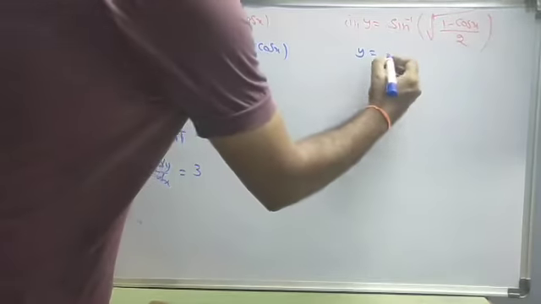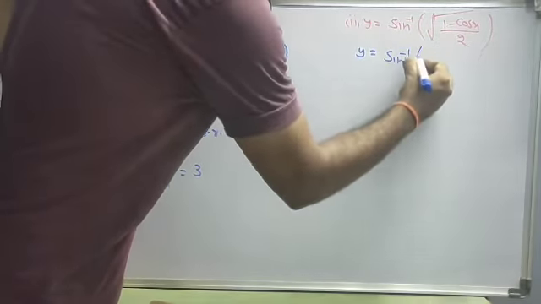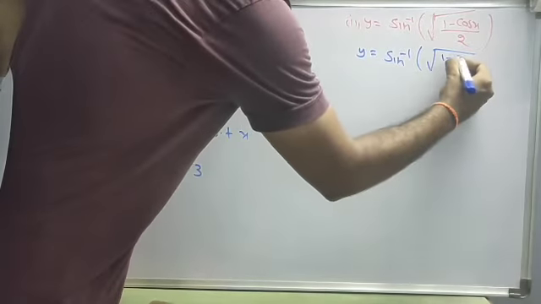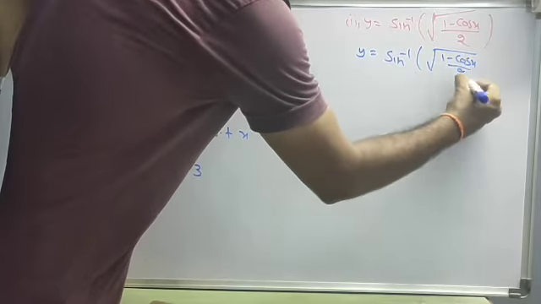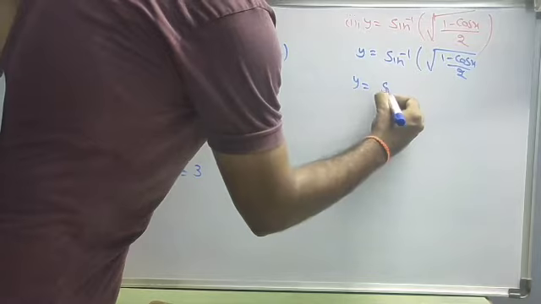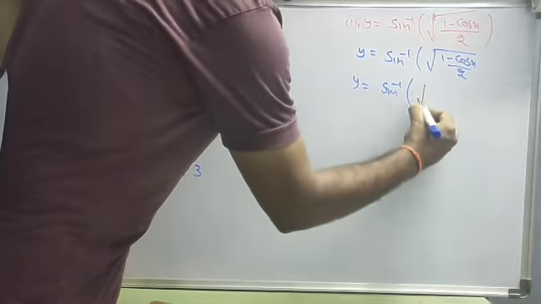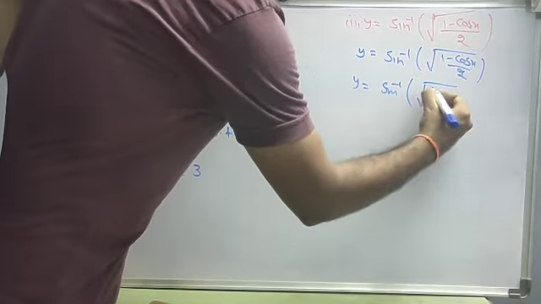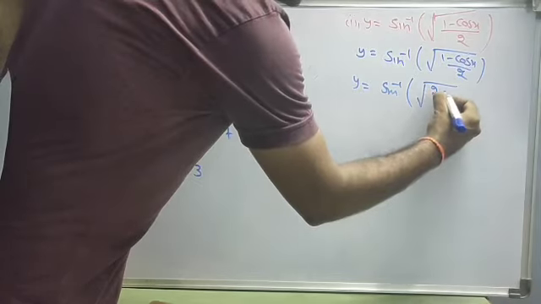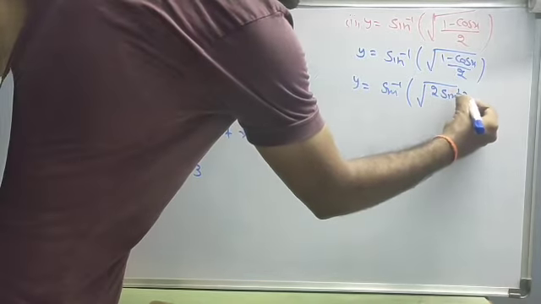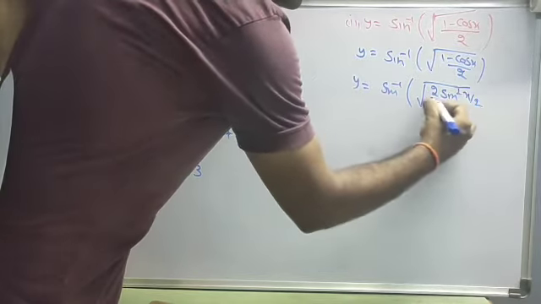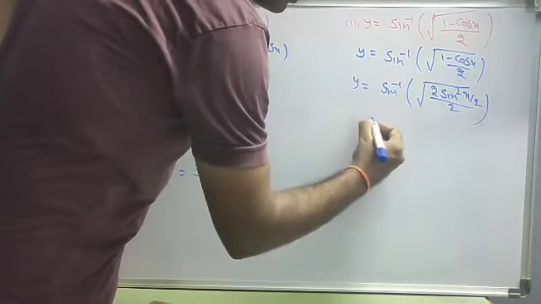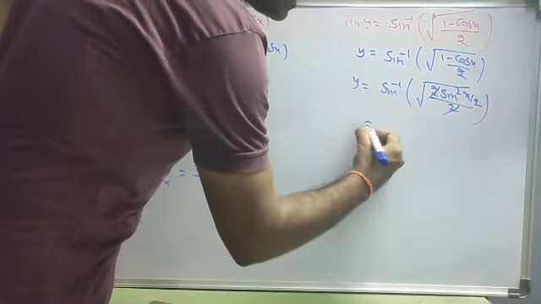Y equal to sine inverse of square root of 1 minus cos x by 2. So y equal to sine inverse of square root of 1 minus cos x, whose formula is 2 sine square x by 2, divided by 2. Here the 2 gets cancelled.